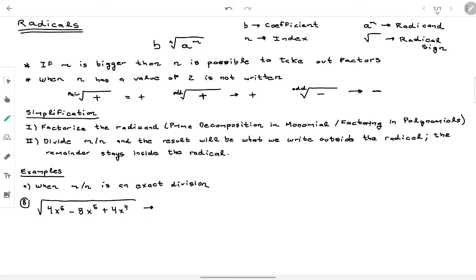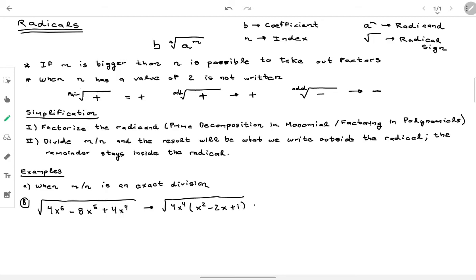So on this one, what can we do? Remember, we need to factorize what is inside the radical. So first, we can take out a 4x to the 4 as a greatest common factor. So it's going to be x squared minus 2x plus 1.